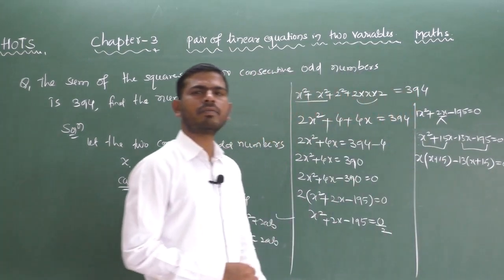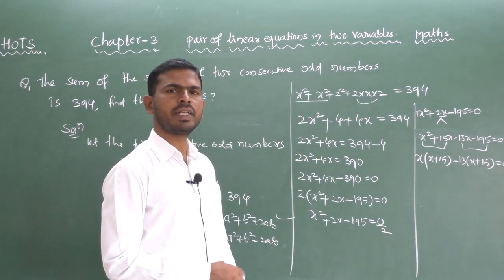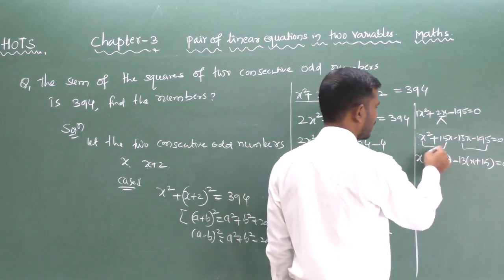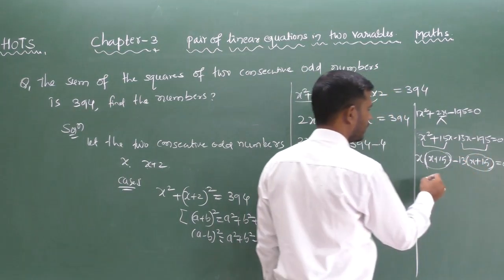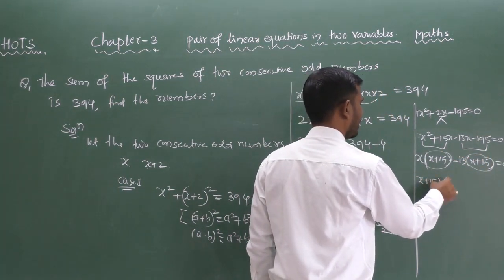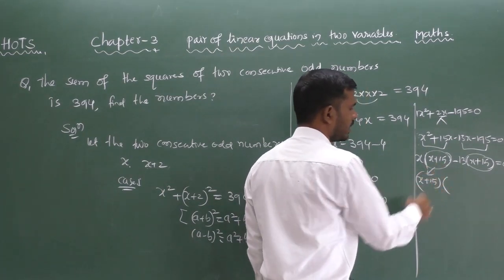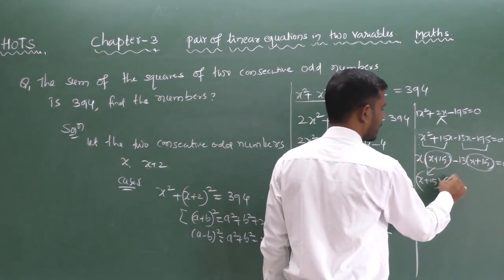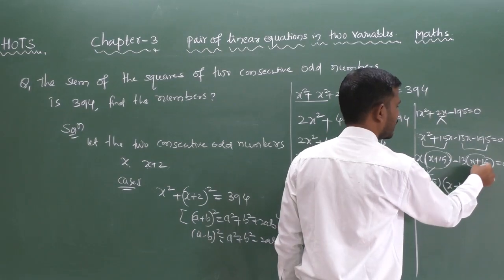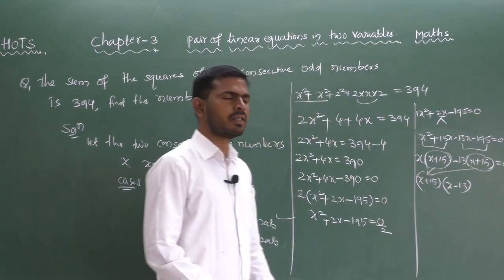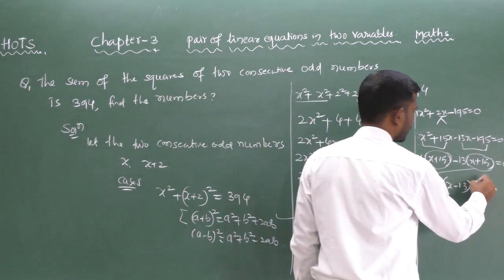Again the common factor is x plus 15. Taking x plus 15 outside, the remainder is x minus 13, equal to 0.